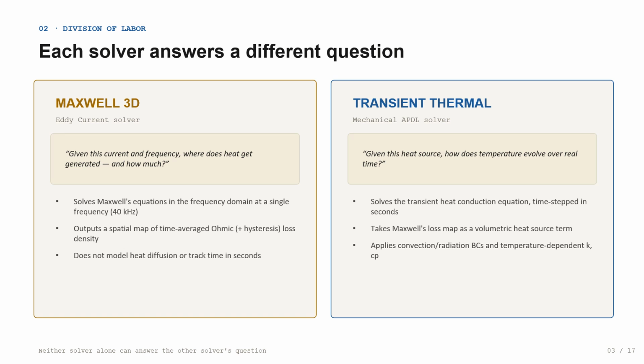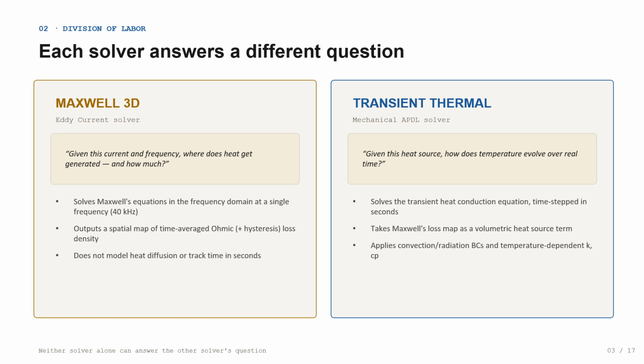It does this by solving Maxwell's equations in the frequency domain, at a single frequency. In our case, 40 kHz. Its output is a spatial map of time-averaged ohmic and hysteresis loss density. What it does not do is model heat diffusion, and it does not track time in seconds. There is no later in an eddy-current solution. There is only the steady-state field pattern at one frequency.